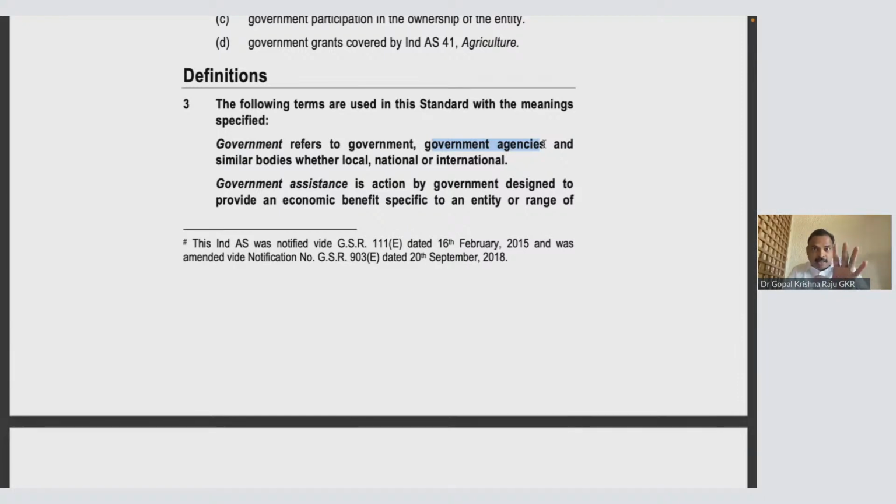But remember, a government company is not government, because it is called a government related entity or government owned entity. So government is different from government company. And similar bodies, whether local, state government, national, central government, or international. Even international government comes within the term called government.